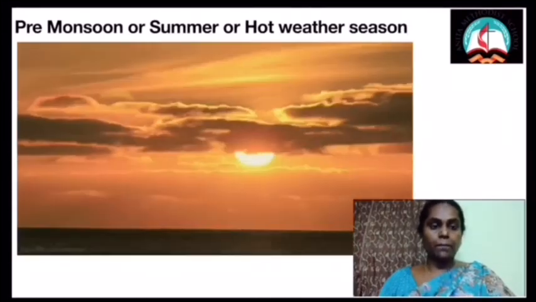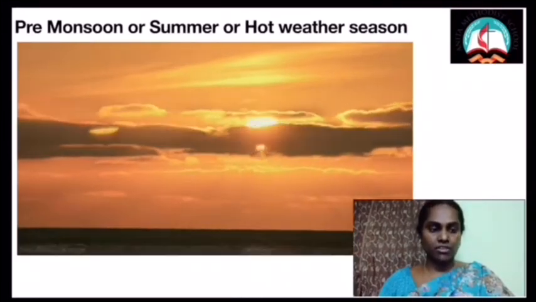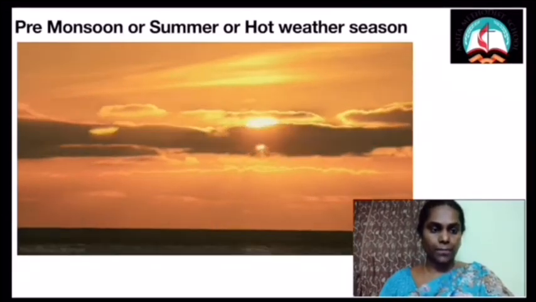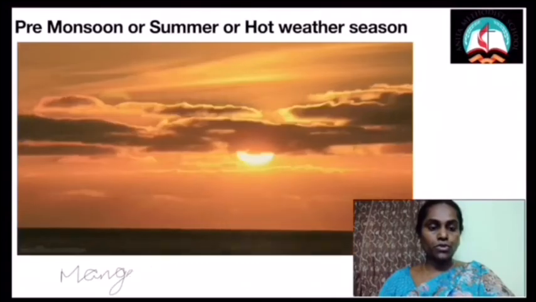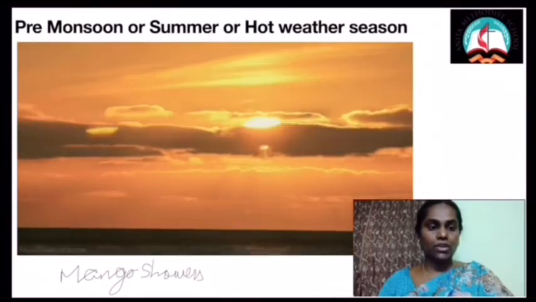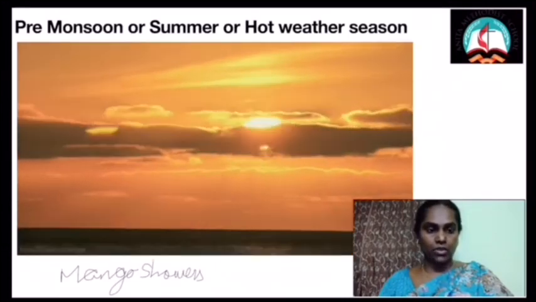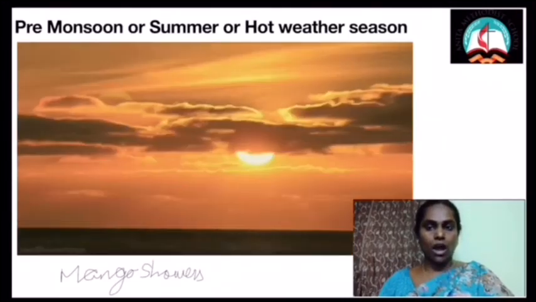They bring pre-monsoon showers to the west coast during the month of May. There are a few thunder showers called mango showers, which help in quick ripening of mangoes along the coast of Kerala and Karnataka.